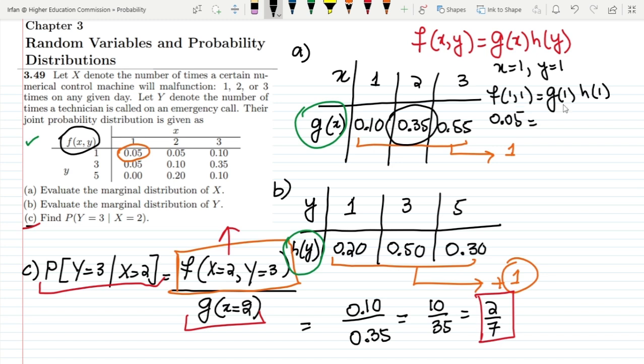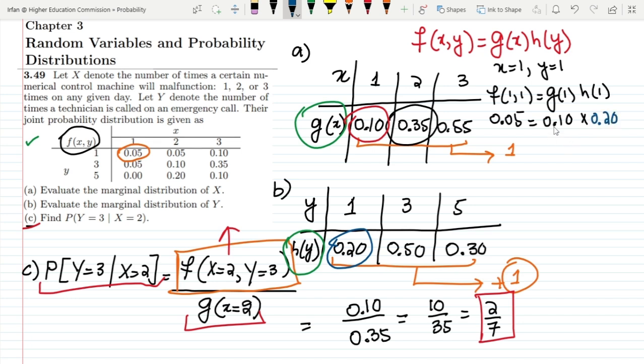The value of g1, let me see what it is. That is 0.10, and multiplying it with h1. What is the value of h1? h1 is 0.20.